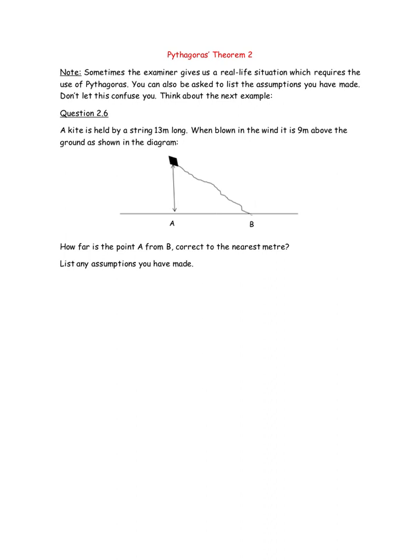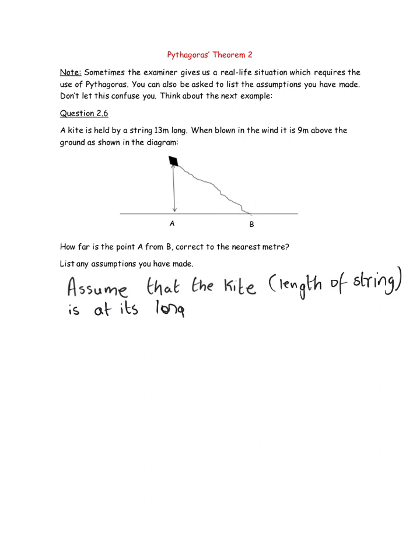So the assumptions, first of all, we look at this. The first thing we have to do is assume that the kite, which is the length of the string, is at its longest, which is 13 meters.